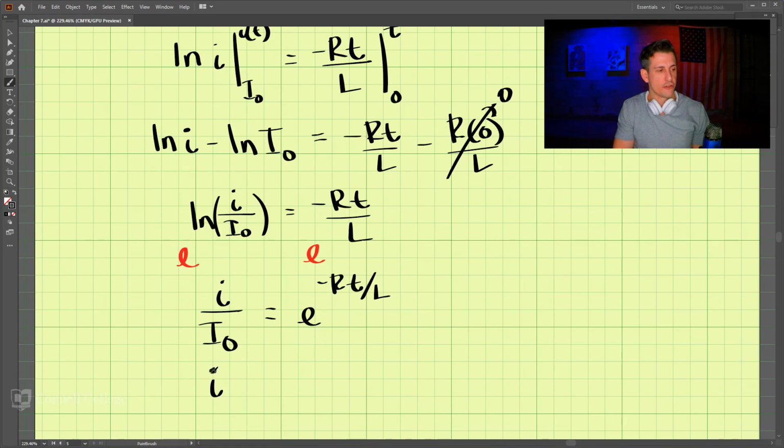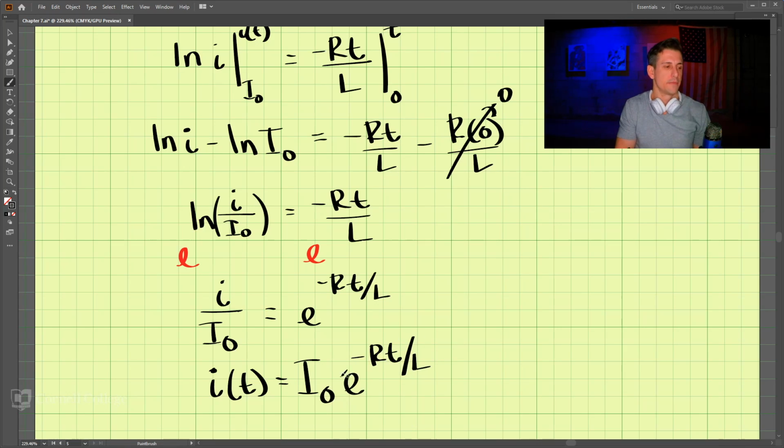And then we can just write I of t as equal to I naught e to the negative Rt over L. So this I naught is the current at time 0, right? This is the initial current.